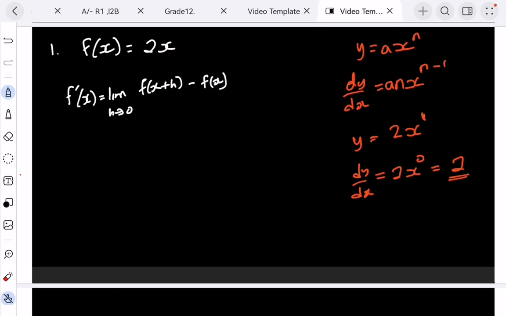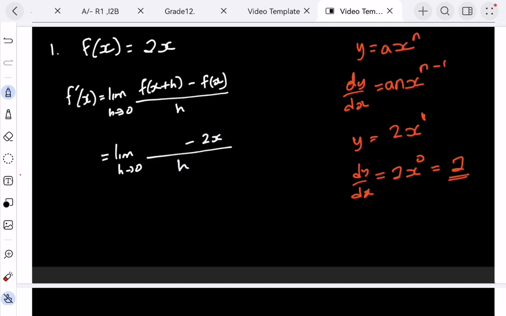So now notice something. We have f of x. It's a function of x, right? We already know what that is. It's given to us. It's 2x. So this will be 2x.